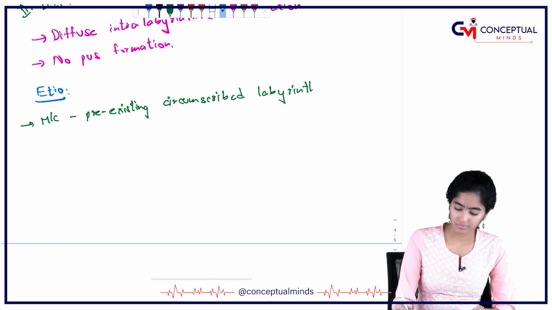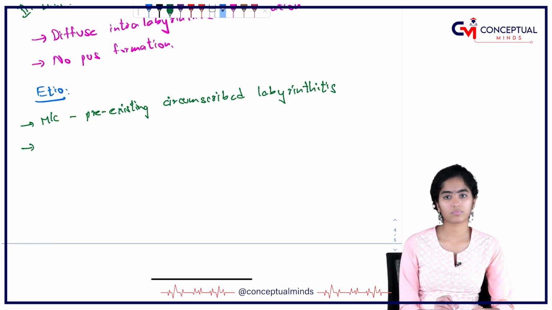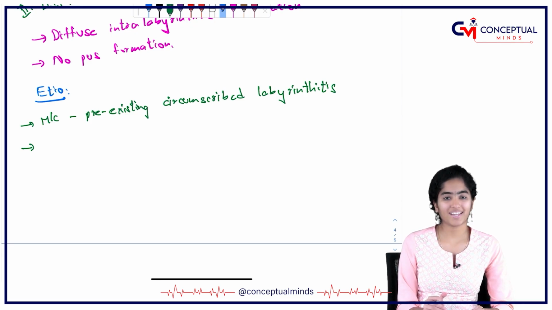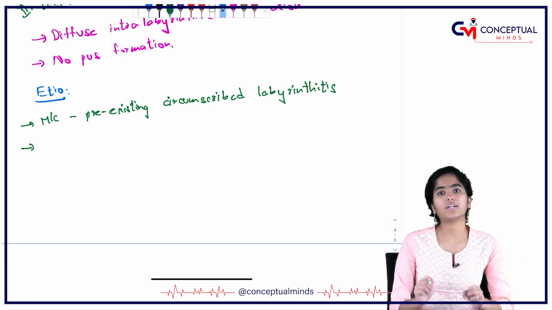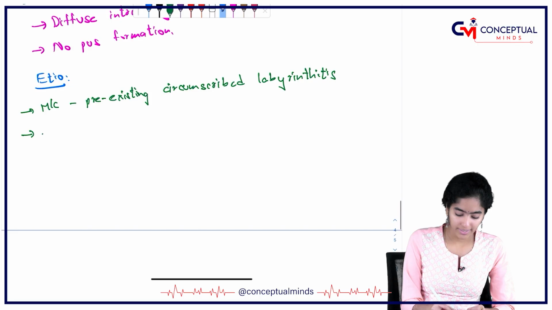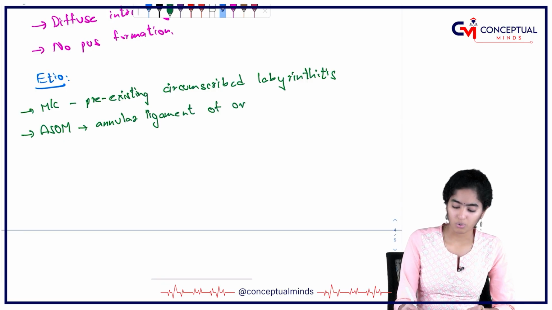Sometimes in acute infection of the middle ear cleft, the inflammation spreads through the annular ligament of the oval window or the round window. So, in acute suppurative otitis media also, the inflammation can spread via the annular ligament of oval or round windows.